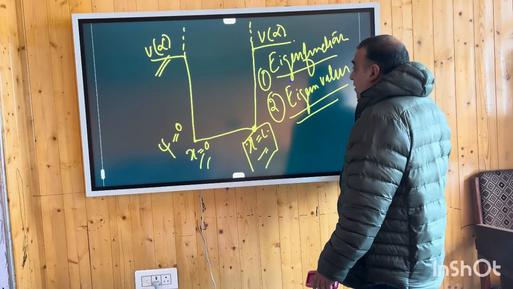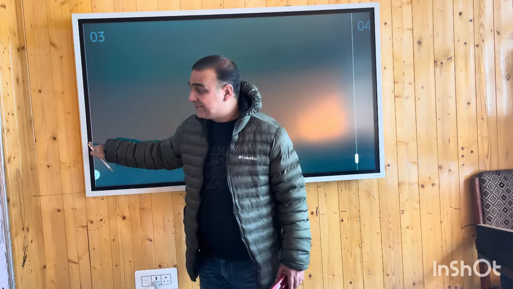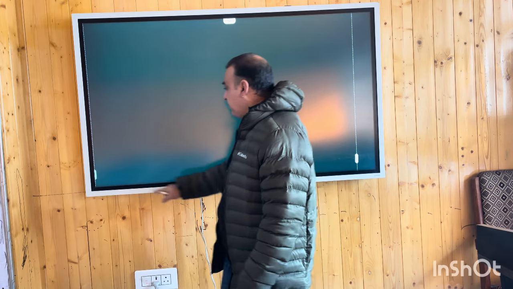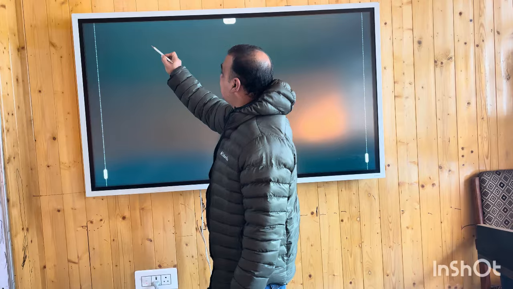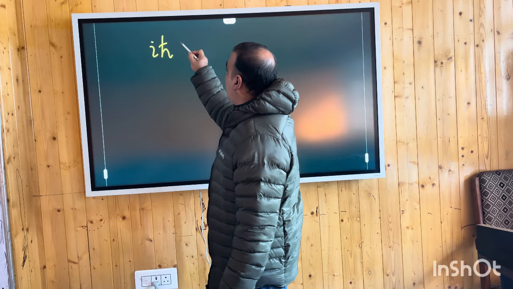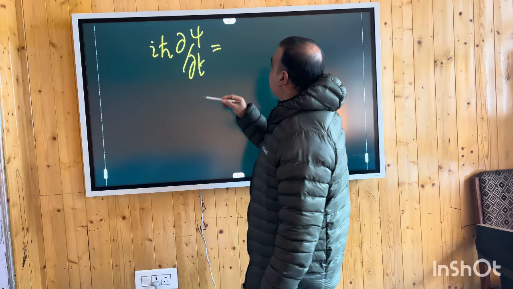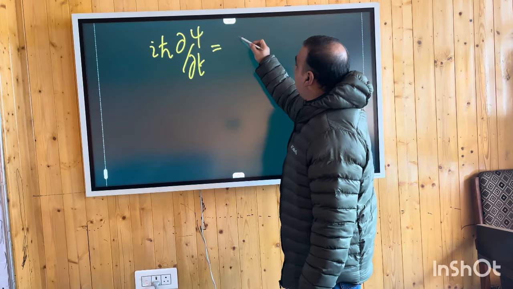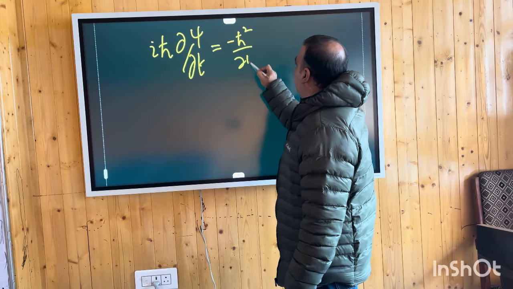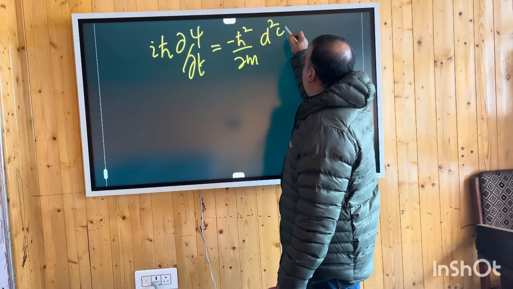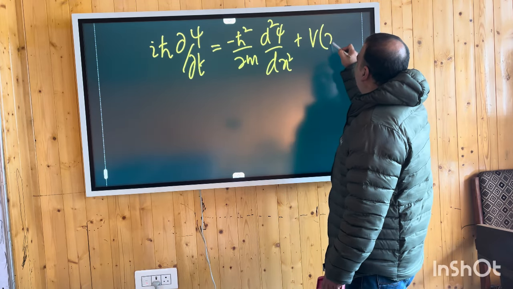So what's our starting point? The starting point for this problem is the Schrodinger's equation. If I write it down, it is minus i h bar dou by dou t of psi equals minus h bar squared by 2m d2 psi by dx2 plus V of x.